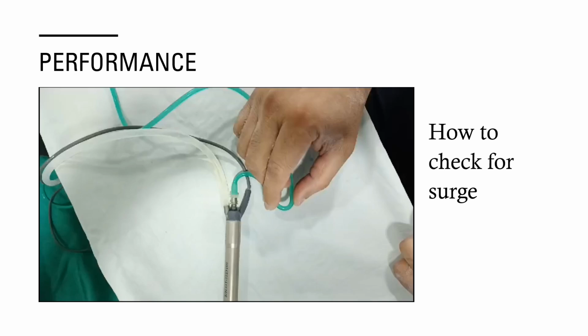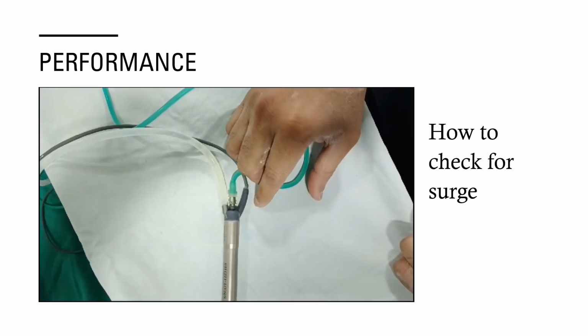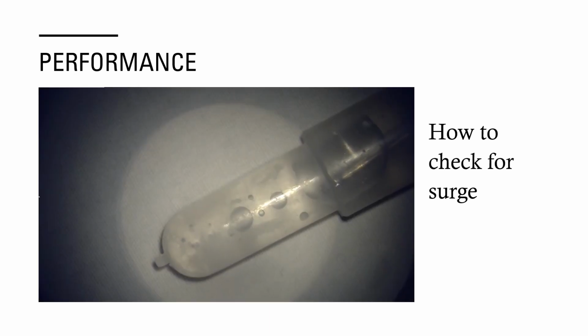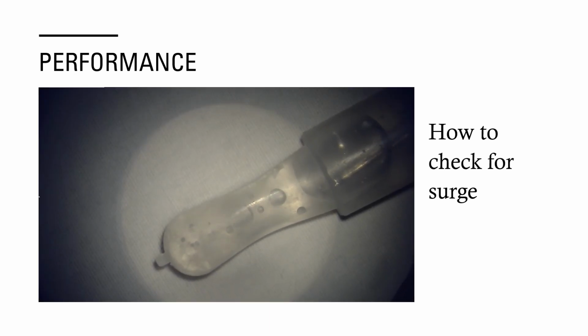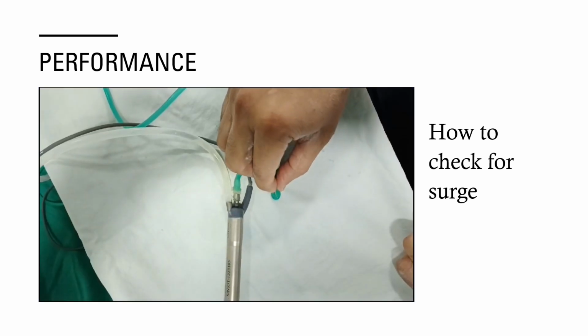So set up your machine and then place the handpiece at the level of the patient's eye, where you used to have your OT table, and then press the foot switch, and then you start squeezing the aspiration line and releasing it. When you squeeze it, you cause occlusion, and when you release it, the surge will precipitate if the irrigation and aspiration is not matching.